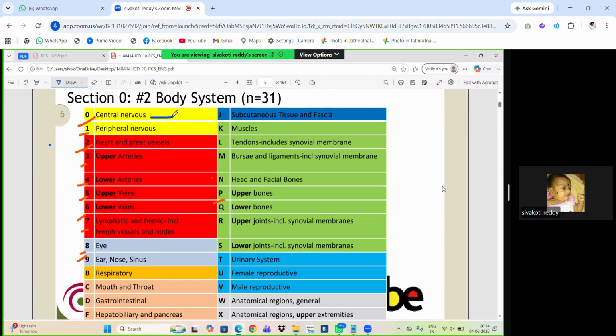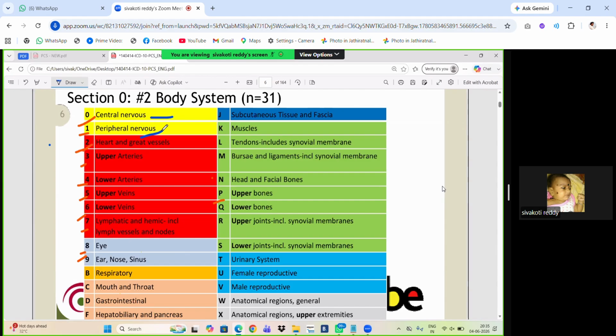Cranial nerves also, note down: brain, spinal cord, cranial nerves. Then peripheral nervous: peripheral means other than the spinal cord and brain. The extremities' nervous system should be the peripheral nervous system. Other than the brain, spinal cord, and cranial nerves, all the remaining nervous system is the peripheral nervous system.